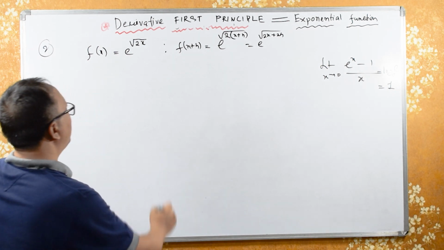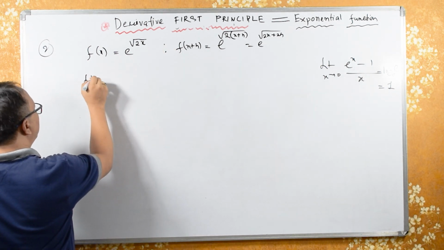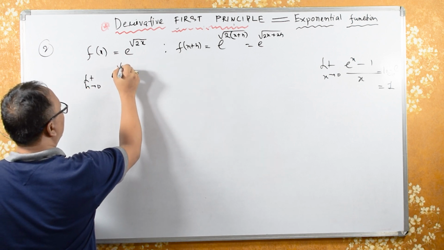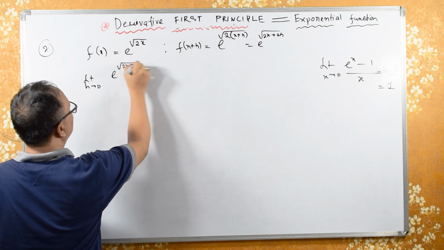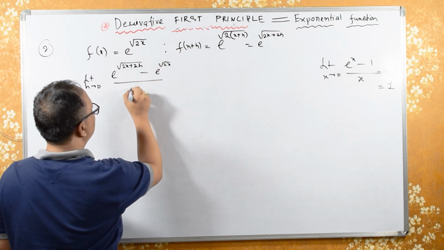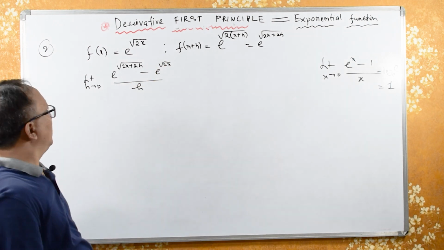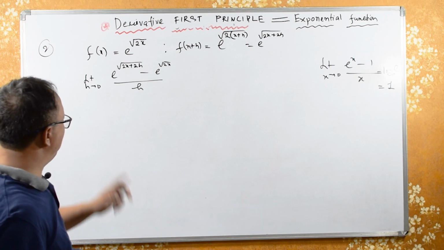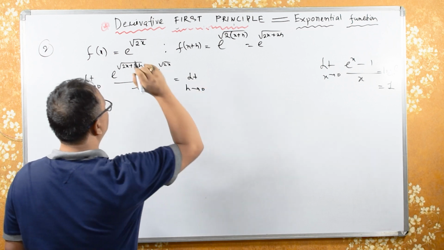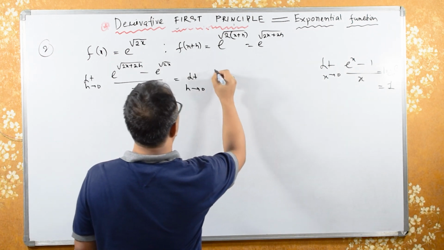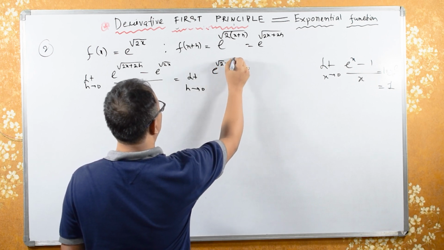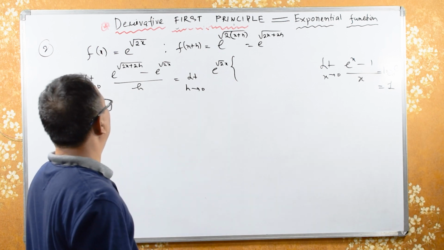Okay, by first principle we have the limit of h tends to 0 of f of x plus h, which is e raised to the square root of twice x plus twice h, minus e raised to the square root of twice x, upon h. From here, if I want to take e raised to root 2x common, what will be its value?